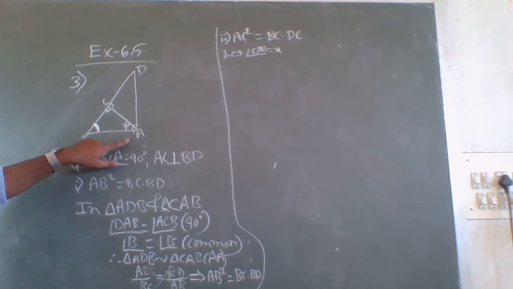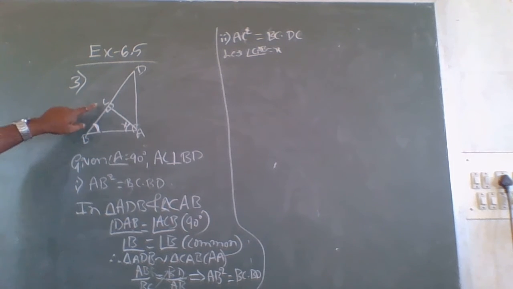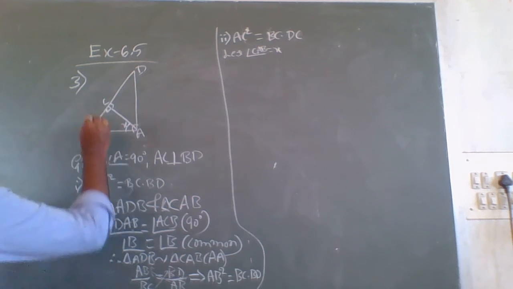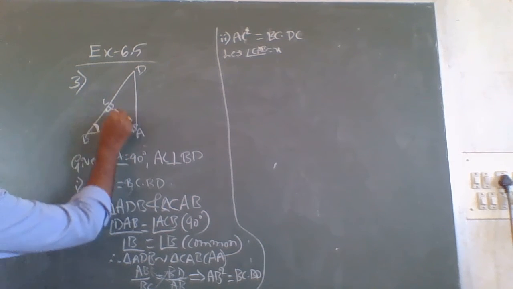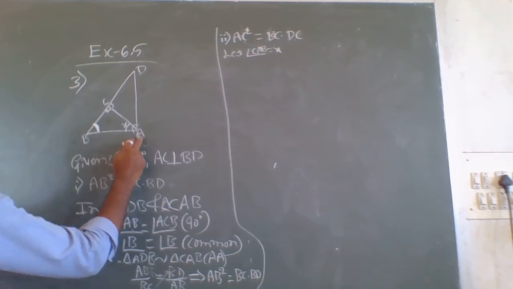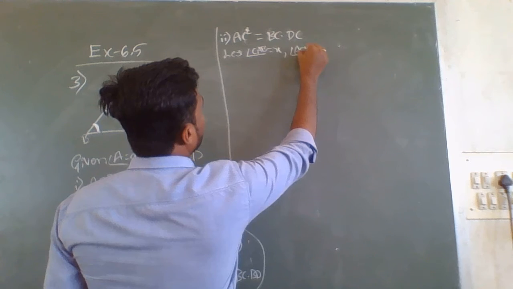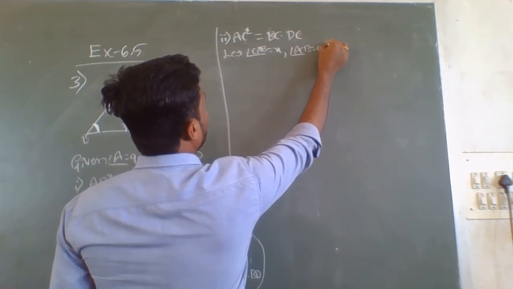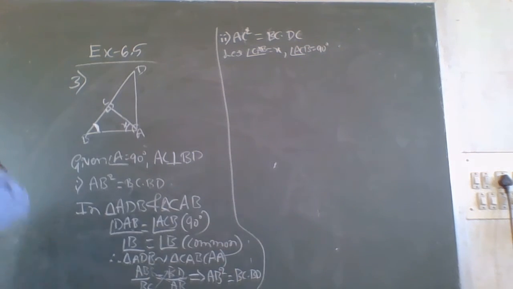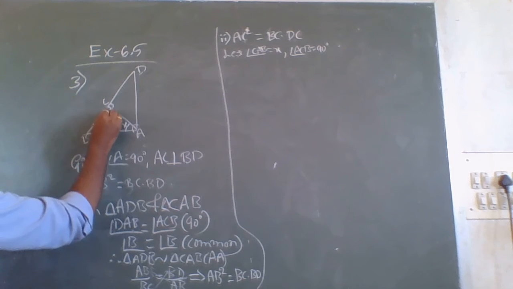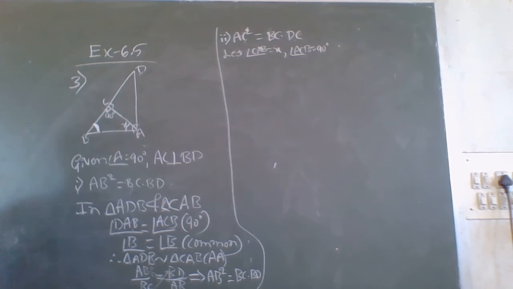Now in triangle CAB, this angle is 90 degrees, because AC is perpendicular to BD. Therefore, angle ACB equals 90 degrees. Now we have to calculate this angle CBA.